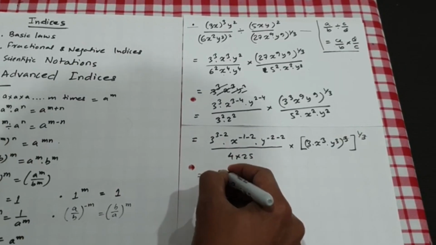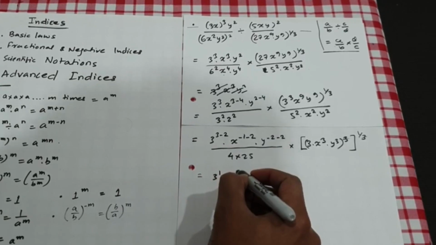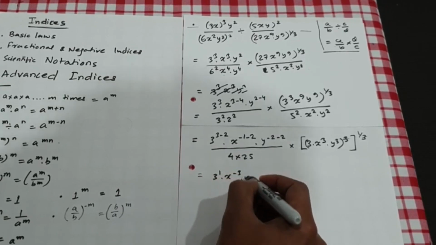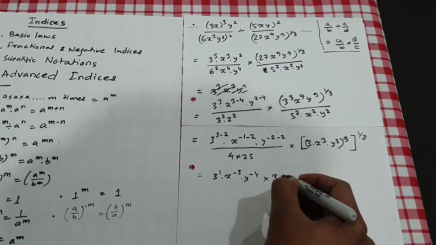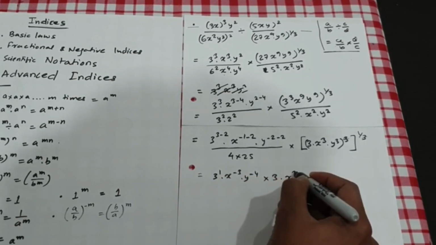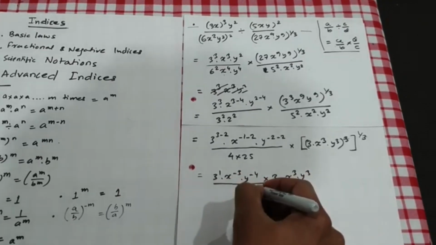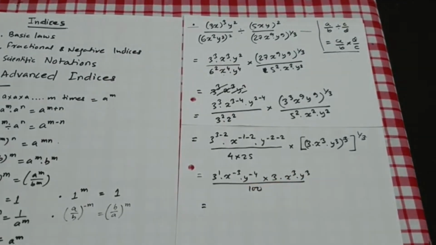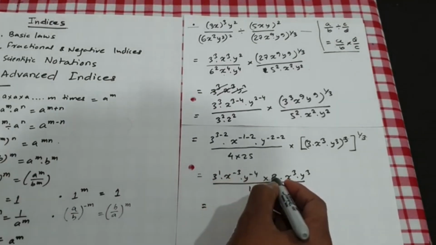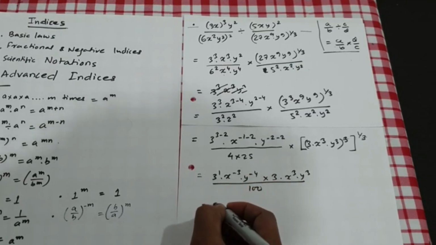So 3 to the power 1 times x to the power minus 3 here, y to the power minus 4 times, this is just 3 to the power x cube and y cube now by 100. Okay, now 3 and 3 times 3, 9, x to the power minus 3 and plus 3, so x to the power 0, this is 9 by 100.